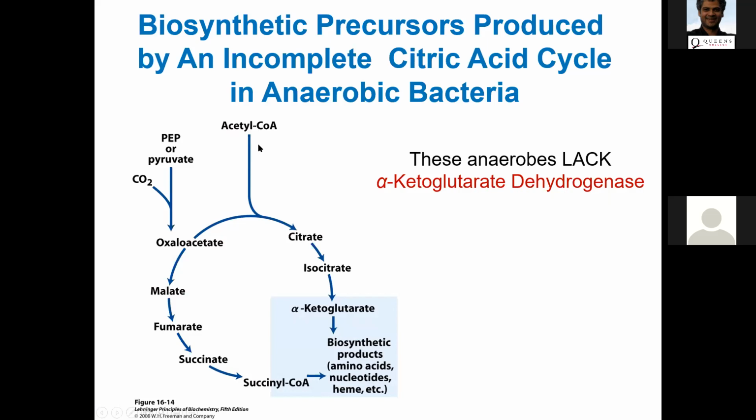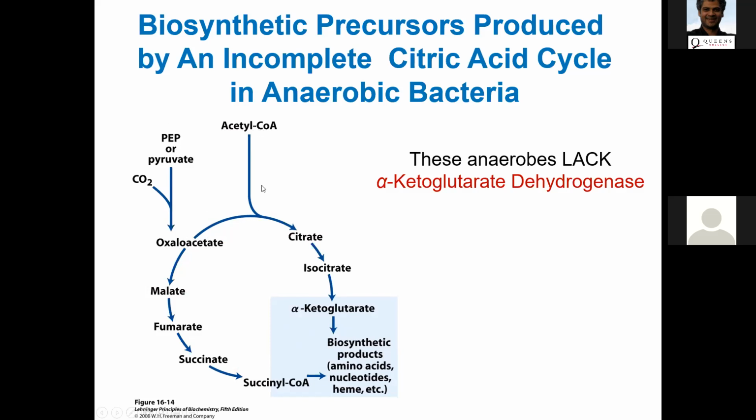So what happens in those bacterial metabolic cycles? Well, you bring in acetyl coenzyme A or pyruvate, and you generate oxaloacetate, let's say, from pyruvate. Pyruvate carboxylase, for example, can generate oxaloacetate, right?